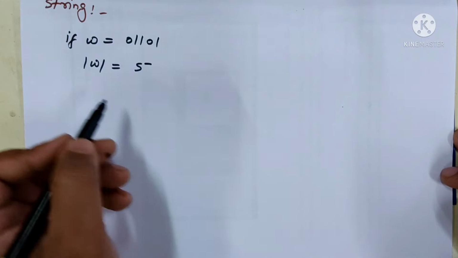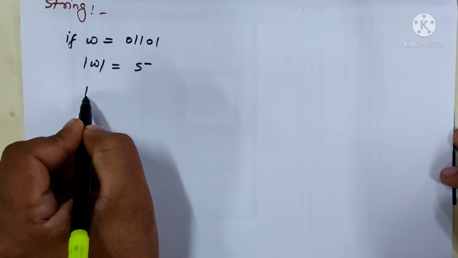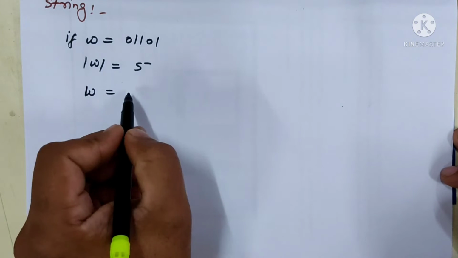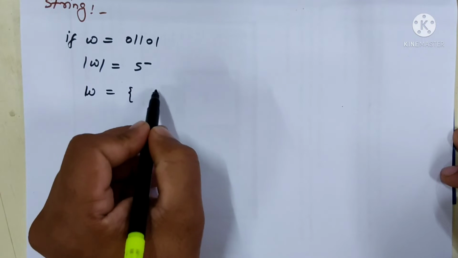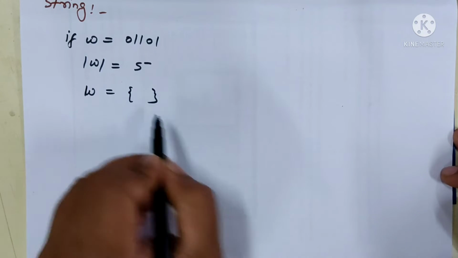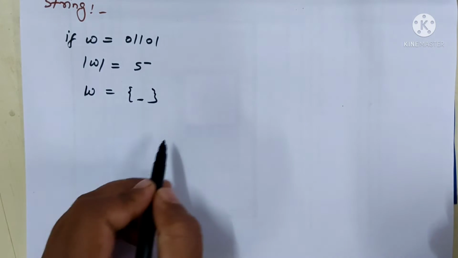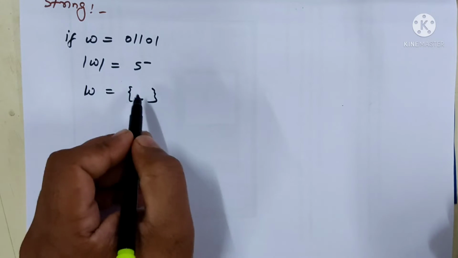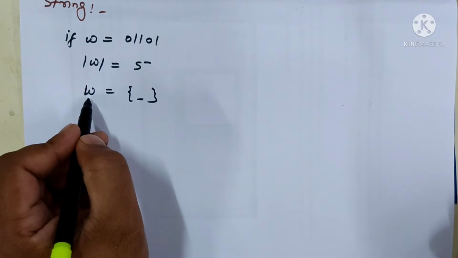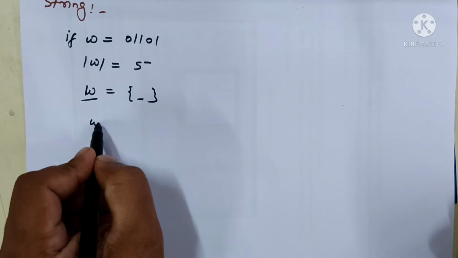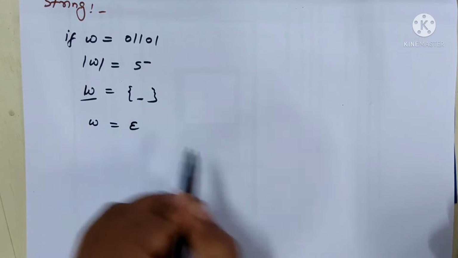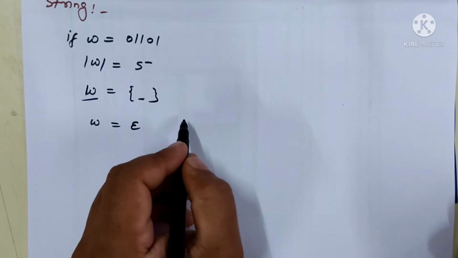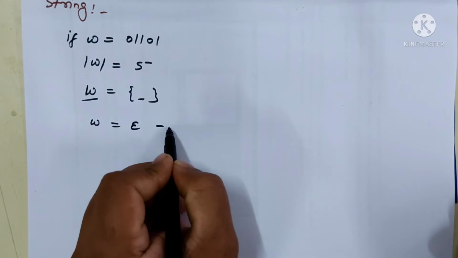Now suppose the string is empty, there are no alphabets found, no symbols in the string. So we define it as epsilon. By epsilon we represent the empty string.